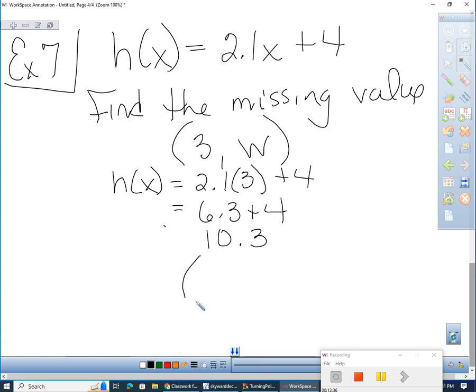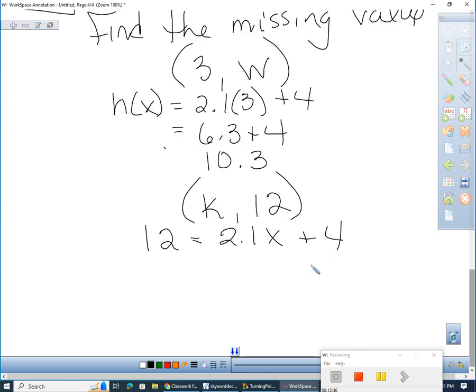We can also do it. Let's say I have one that looks like this. Let's say I have k, comma, 12. What would I need to solve for here? Or where does my 12 go in my function up there? Yeah, 12 is going to go in for h of x, and we're going to solve for our missing variable. So I have 12 equals 2.1x plus 4.